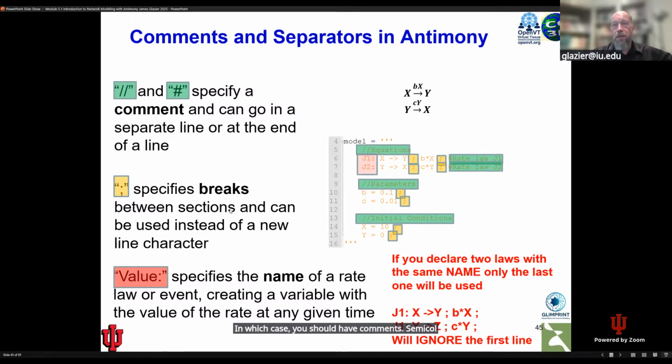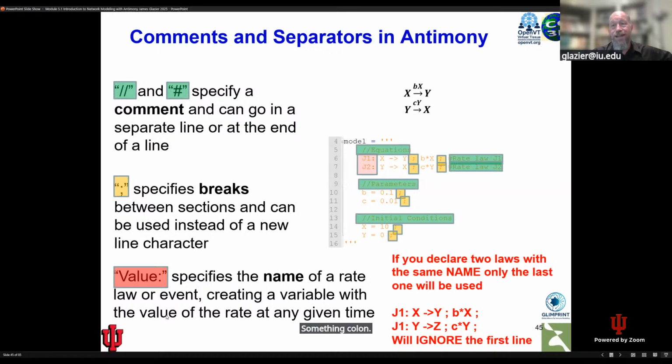Semicolon specifies breaks between sections, and it works also instead of a new line character. And if anybody knows C++, you'll recognize where the semicolon comes from. You will see at the beginning of some lines, like lines 6 and 7, something colon.